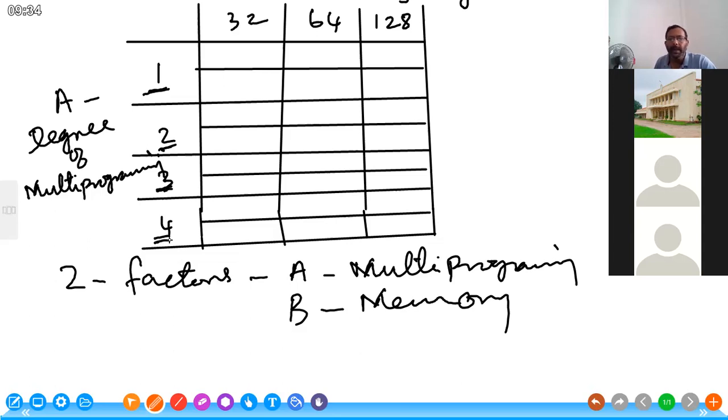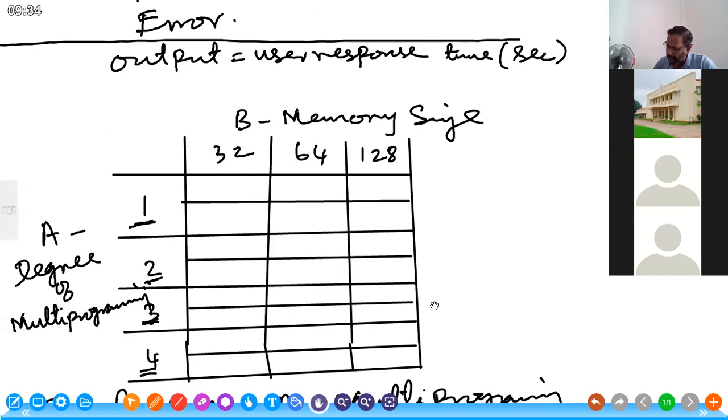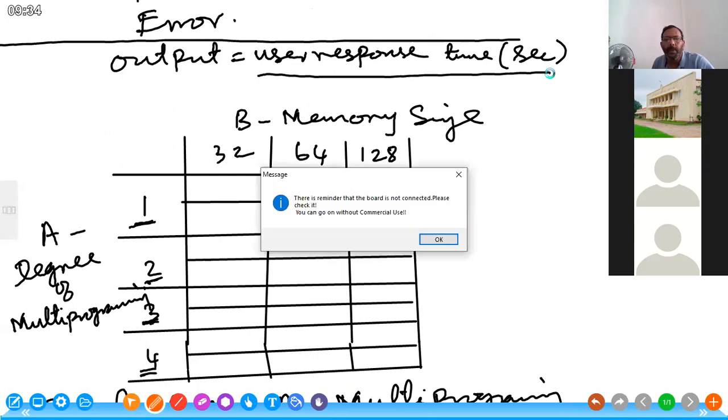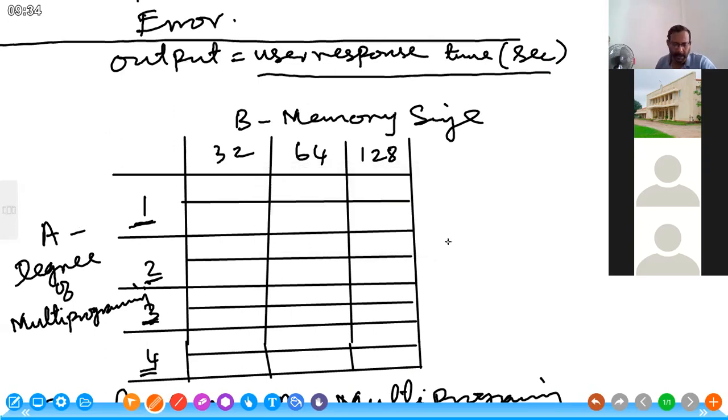We are measuring how much time it has taken, in seconds, to give the output, for example when running a program in SAS or SPSS. So that is the question. Now I'm going to give you the data.